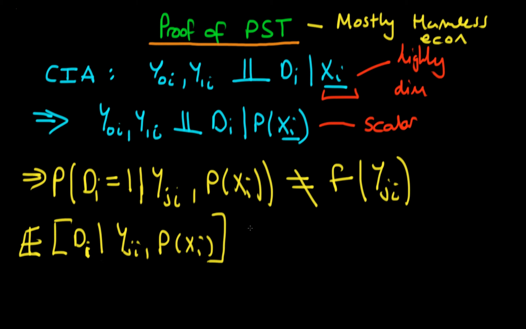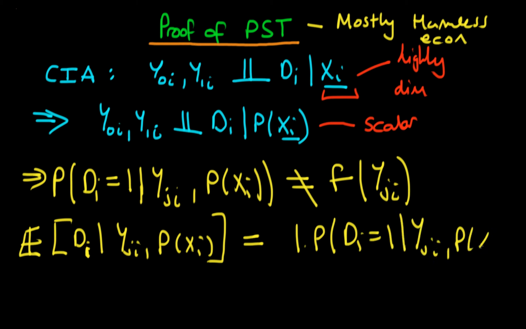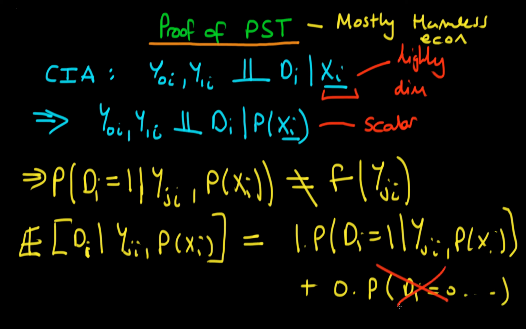And the reason that these two things are exactly the same is that the expectation of this is equivalent to 1 times the probability that di equals 1 given yji and also given the propensity score, plus 0 times the probability which di is equal to 0, etc. And because of the fact that this second term is 0, that is what equates this term up here with this term directly below it.